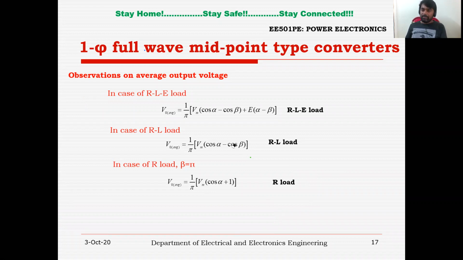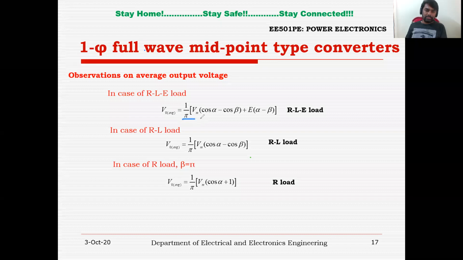Now, if I make E equal to 0, if I short circuit E, then it will behave like only a resistive and inductive load. So if you place E equal to 0 here, that will give the expression for the RL load. And this we have also seen in this lecture, right?